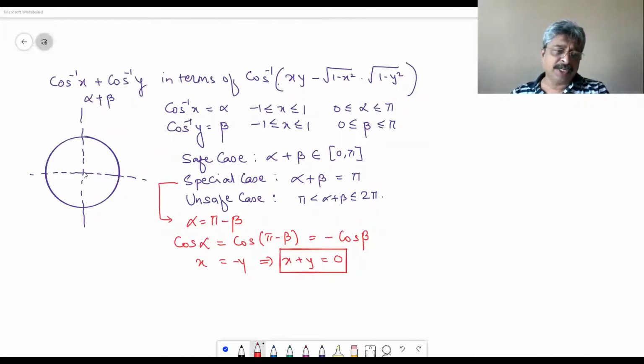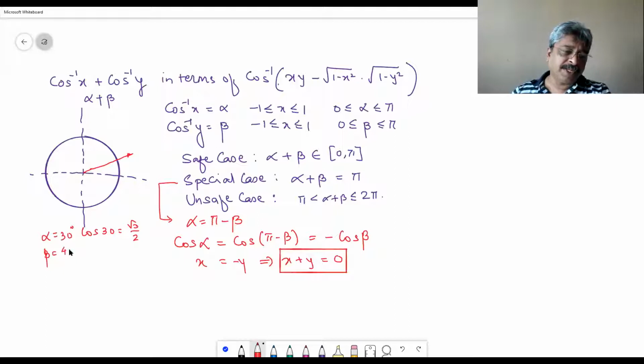Suppose we have a first angle alpha equal to 30 degrees. So cos 30 is equal to root 3 by 2. Let beta be equal to 45 degrees. Cos 45 is equal to 1 upon root 2.